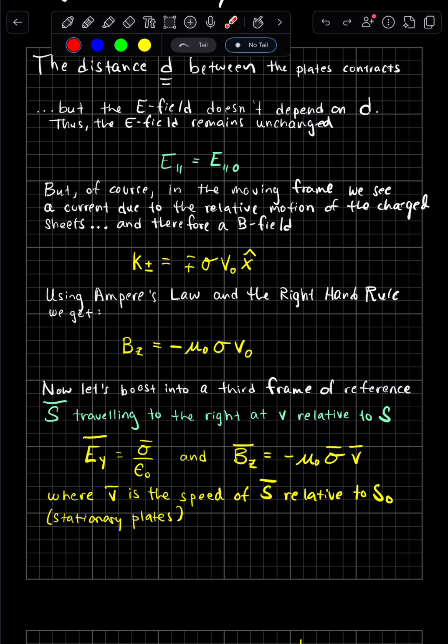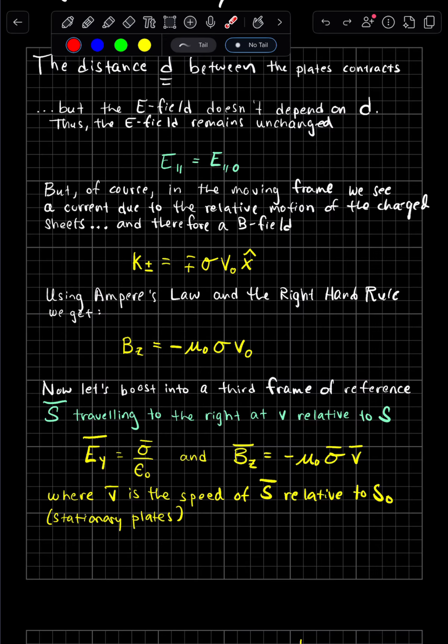Now, this is a multi-step process, and we've boosted from the stationary frame into a frame where we're moving. In the frame where we're moving, we have some combination of E and B fields. To fully understand how E and B fields transform, it's instructive to start in a reference frame where you have a mixture of E and B fields and then boost to another frame.